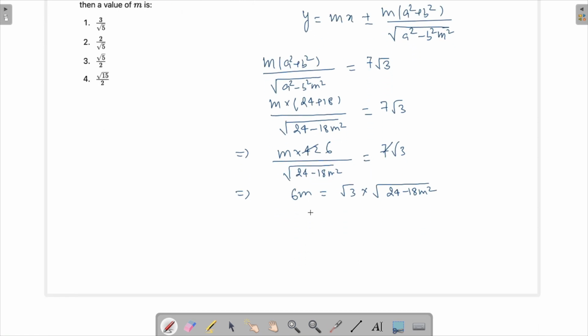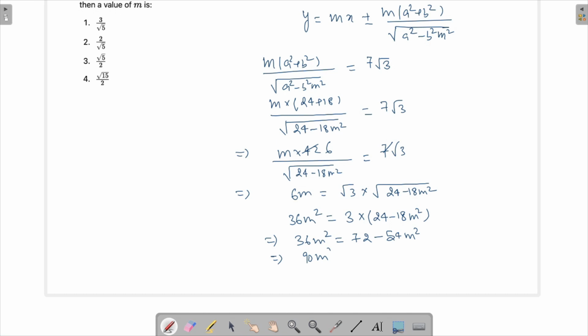Now, of course, we have to square this equation on both sides, and this will become 36 m square, which is going to be equal to 3 times 24 minus 18 m square. This will become 72 minus 54 m square. You bring m square to this side, this will become 54 plus 36, which will be 90 m square.